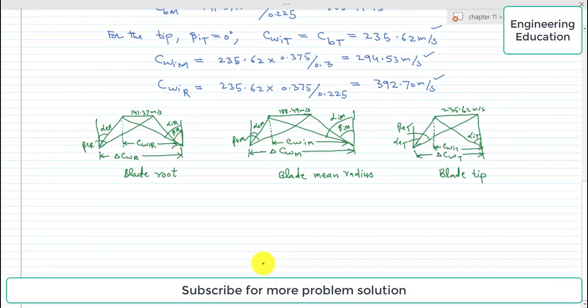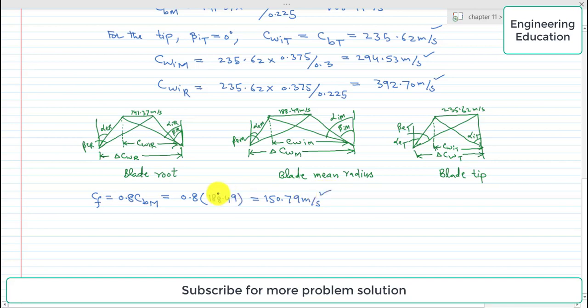So let's first find the value of CF, and CF is equal to 0.8 times the blade velocity at mean radius, and it is equal to 0.8 into 188.49 meter per second, and the value of this comes out 150.79 meter per second.